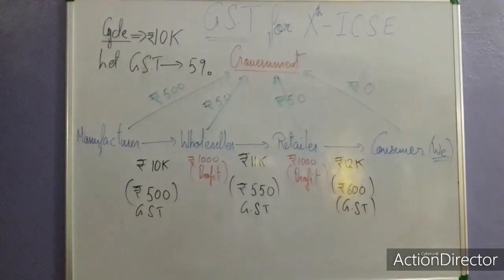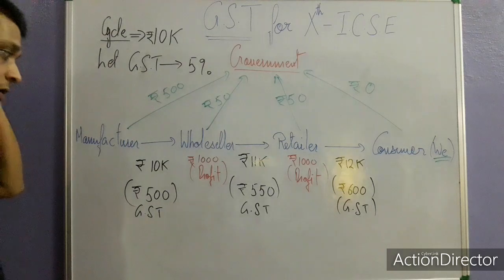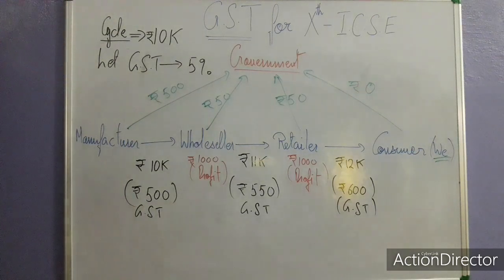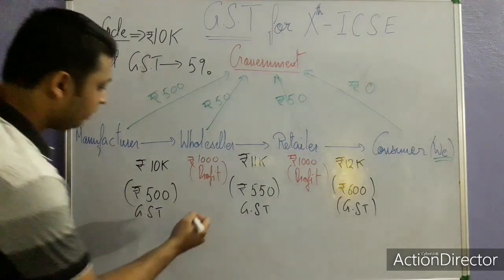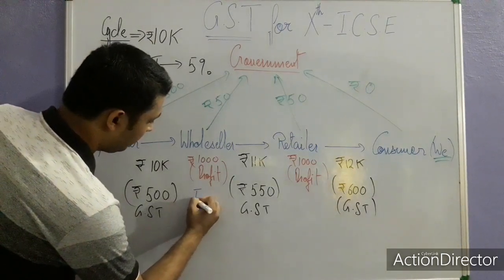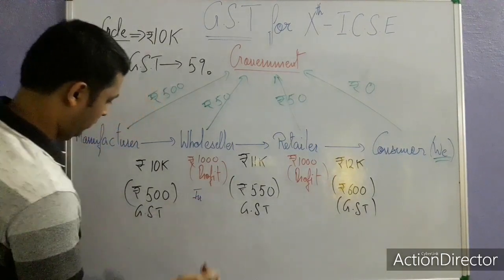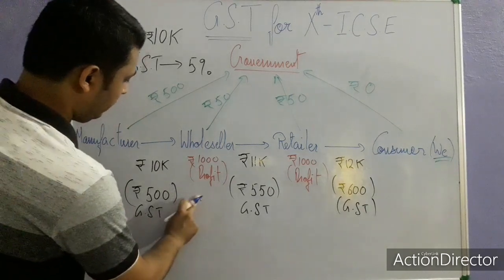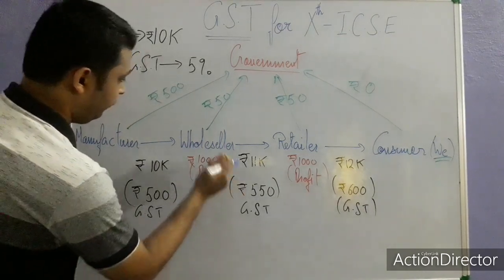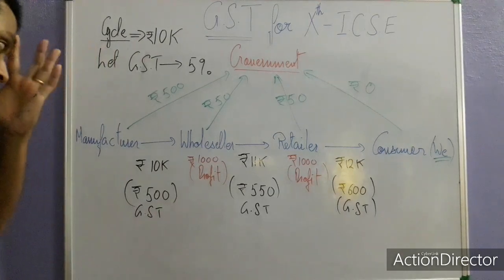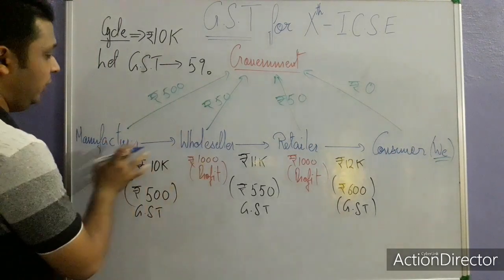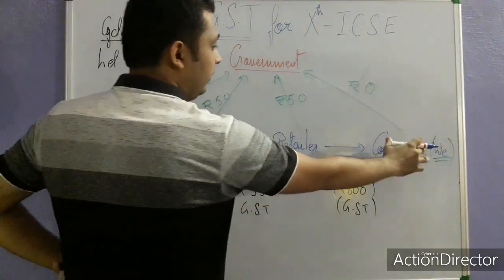Clear? So now here we will understand what is the concept of input tax credit. So what does it mean? Now let us see, we are talking about manufacturer, wholesaler, retailer and the consumer.